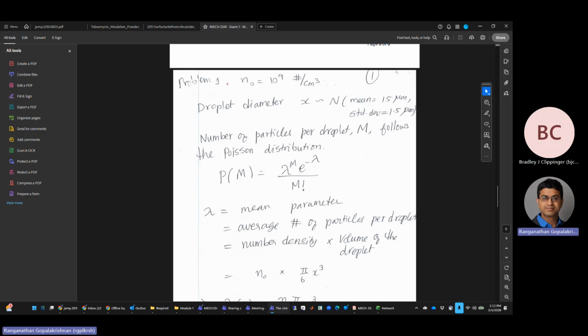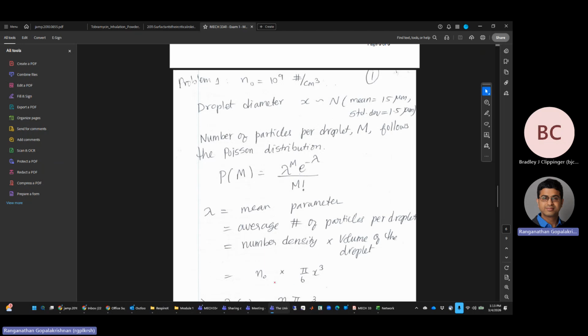Then in this actual problem, the droplet diameter is not a single number. It follows a normal distribution, which has a mean and standard deviation. So we say the number of particles per droplet follows a Poisson distribution with a lambda parameter, and that lambda itself scales with the droplet size.